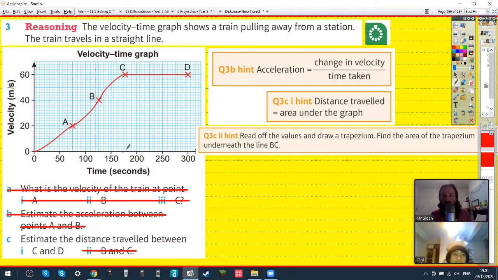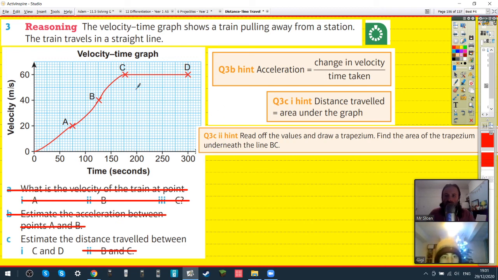What is the distance covered between C and D? Is it 7,500?